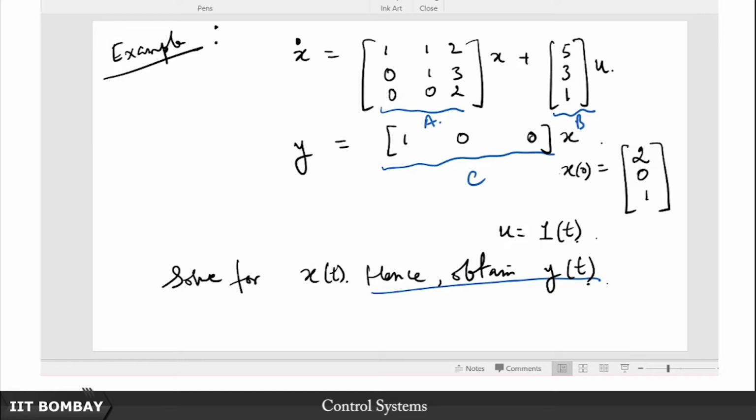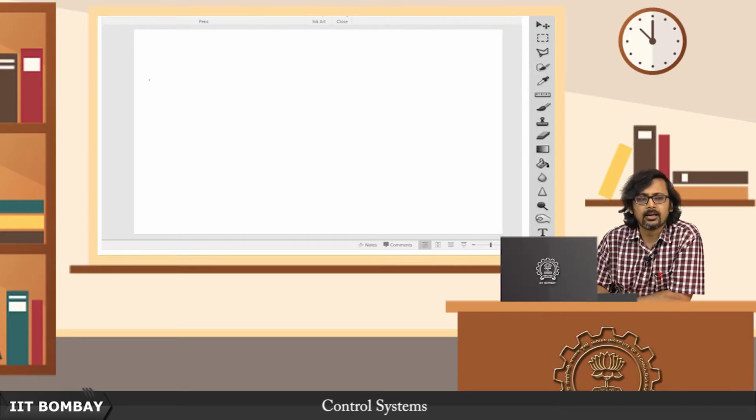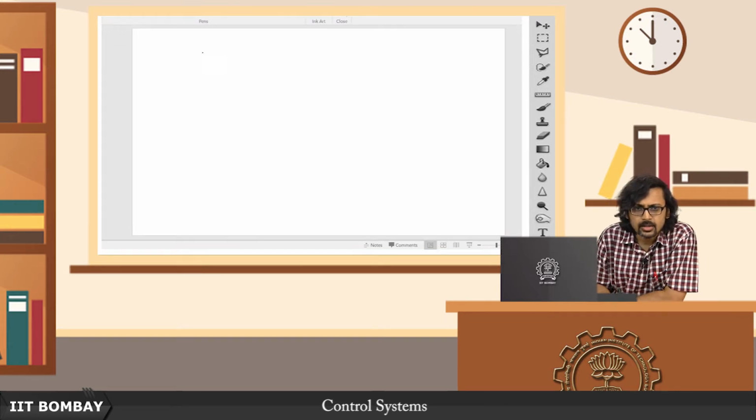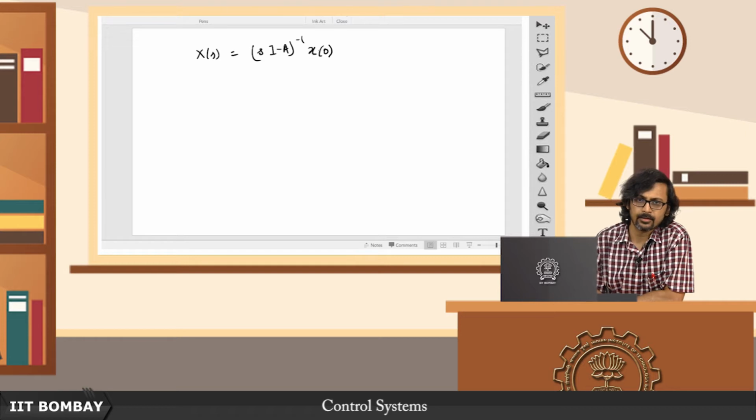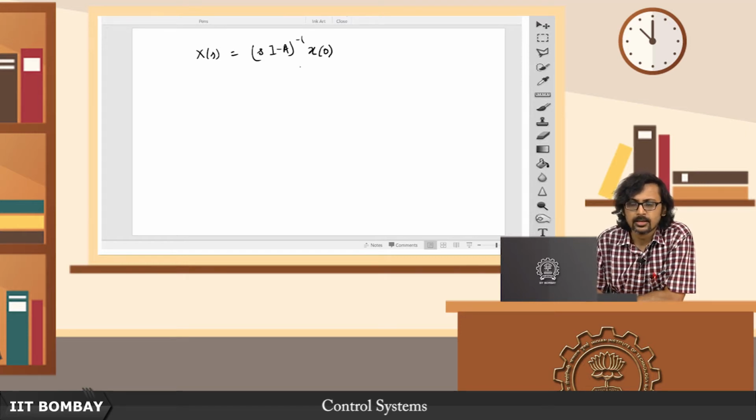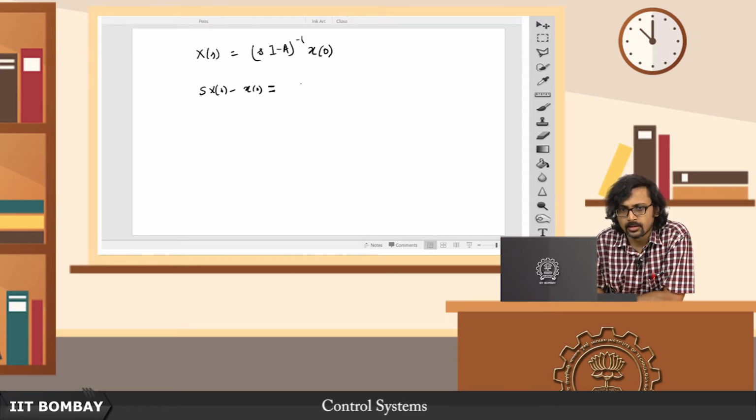So this is my goal, and I know from the other day, probably a few lectures back we had derived this, that we essentially have to look for X(s) equal to (sI minus A) inverse times this x naught. We already saw this the other day, because we saw that if you take the Laplace transform on both sides, then you get sX(s) minus x0 is equal to AX(s) plus BU(s).